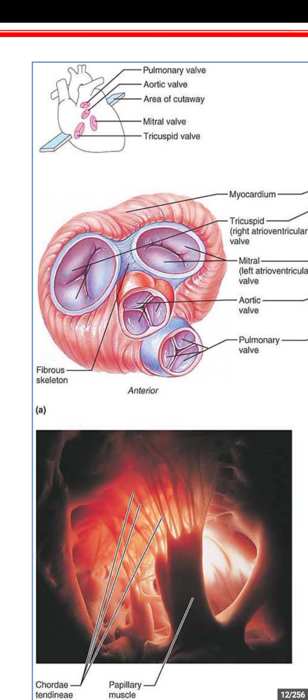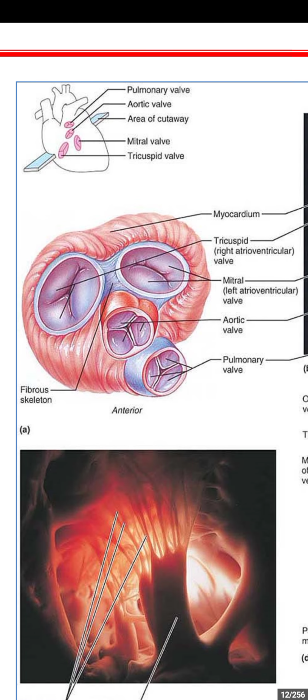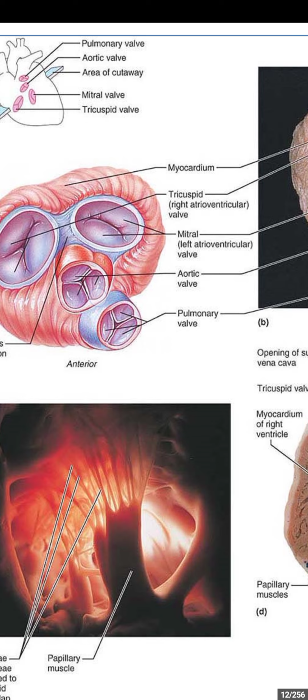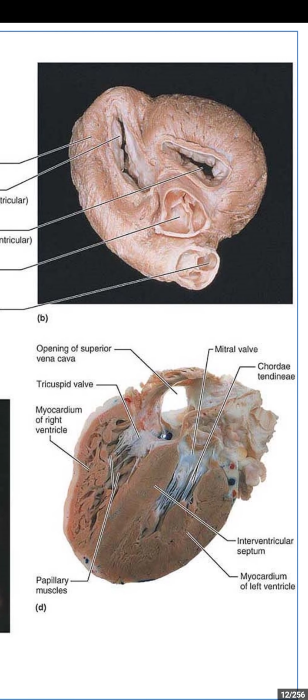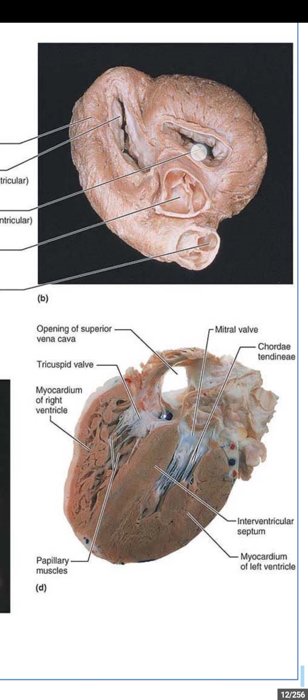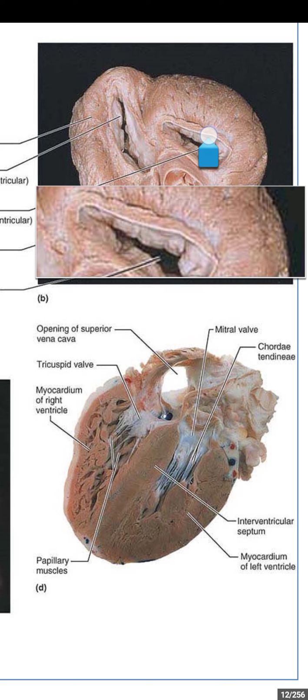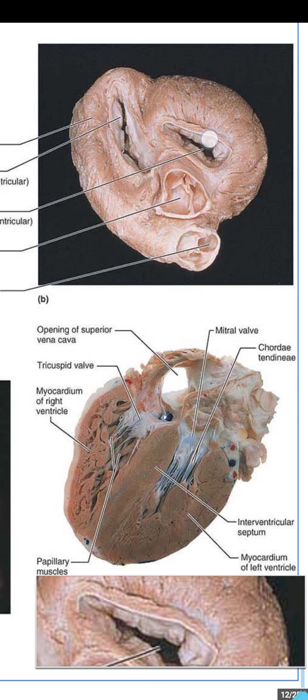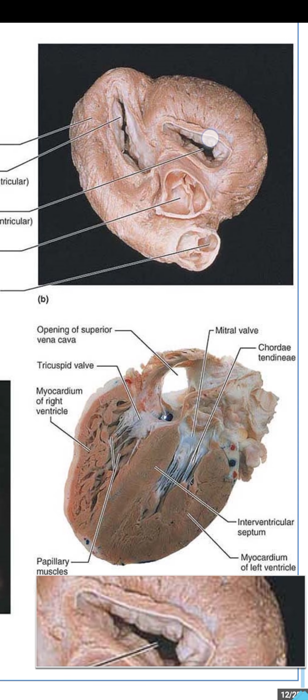This is the cutaway area, expanded as the anterior view. This is the aorta, and this is the mitral valve. As you can see, only two flaps of the valve are seen.